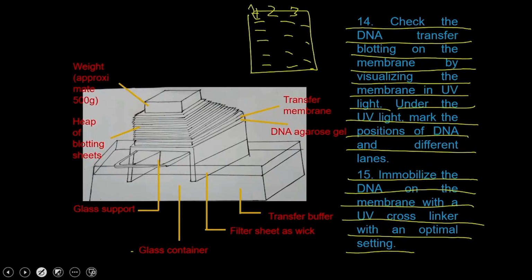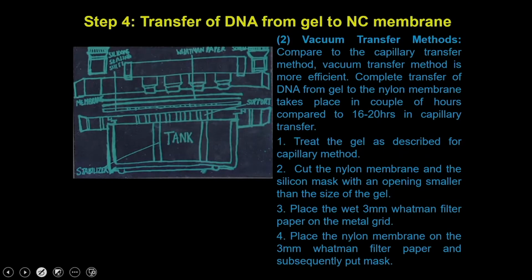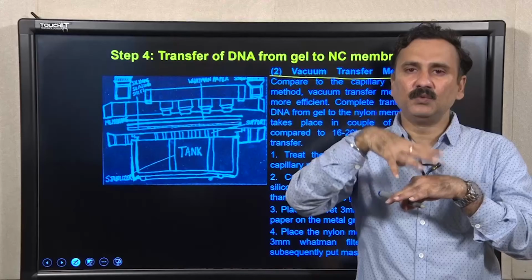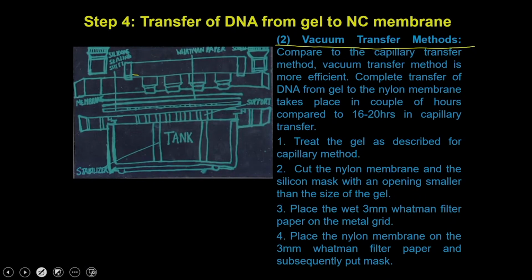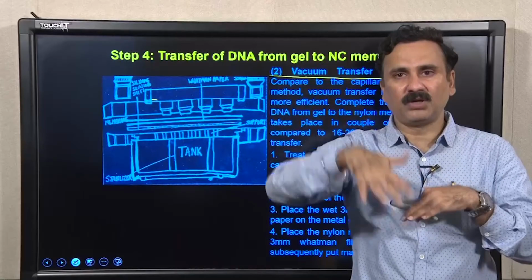Apart from capillary action, you can also use the vacuum transfer method. In the vacuum transfer method, instead of capillary action, you simply use vacuum pumps, placed in such a way that they suck the liquid from the bottom to top.